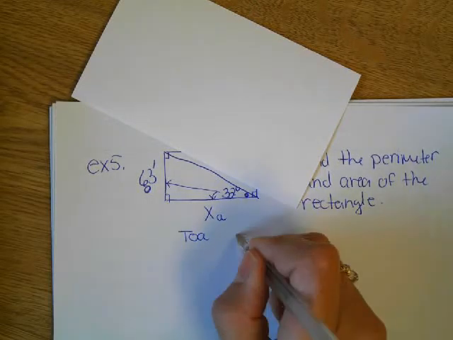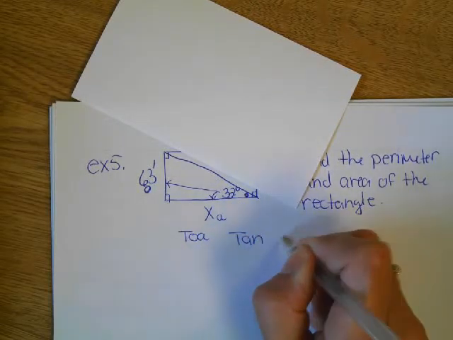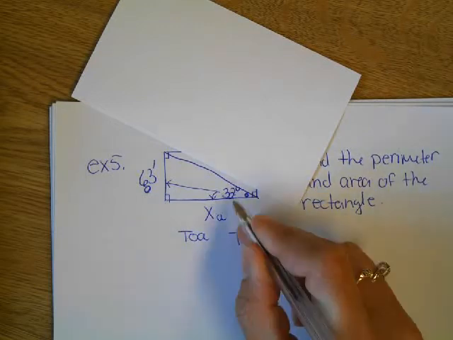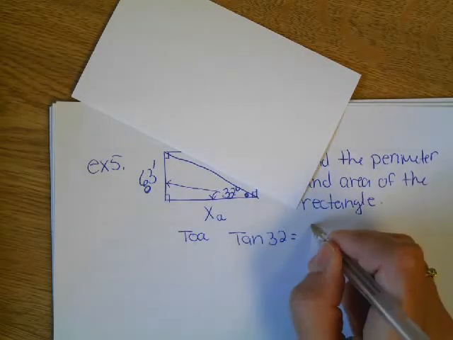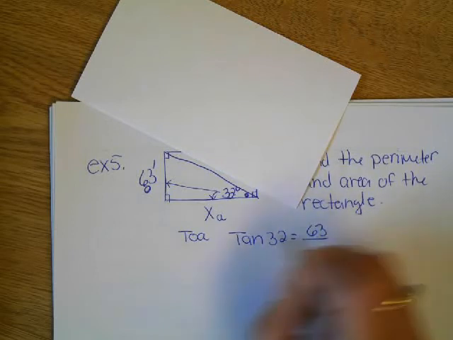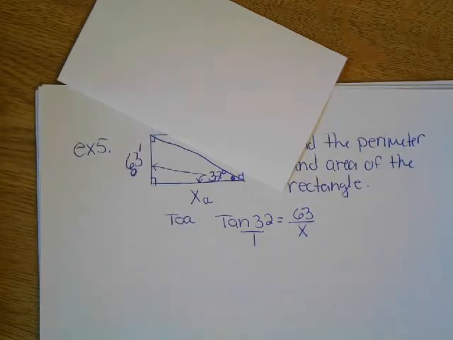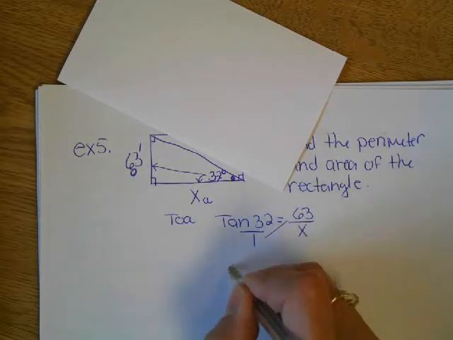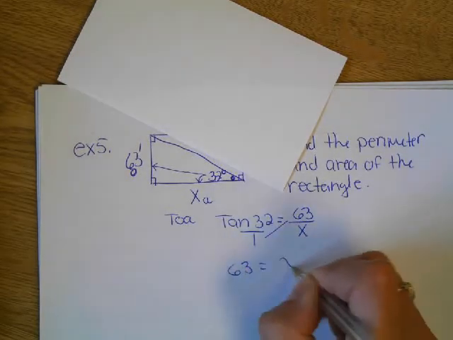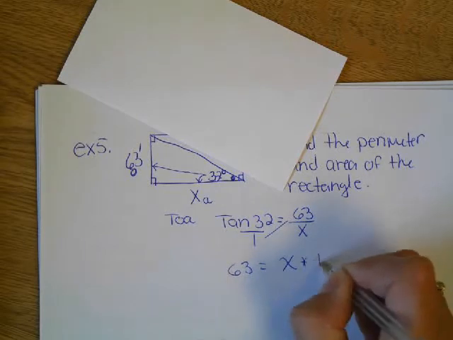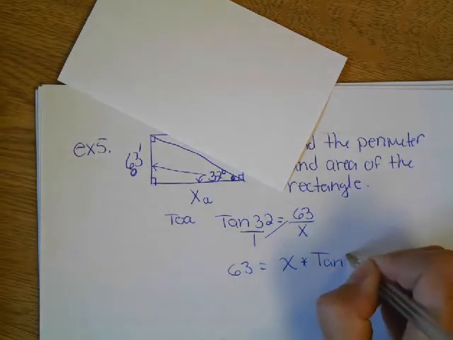So that's tan. So tan 32. Opposite is the 63, over the adjacent, which is the missing side. Cross products. 63 equals x multiplied by the tan of 32.